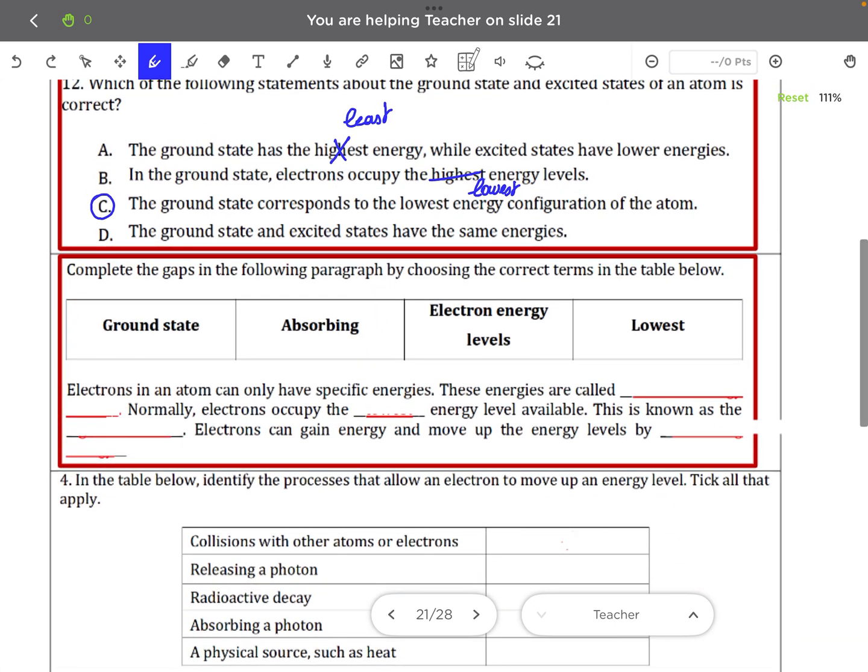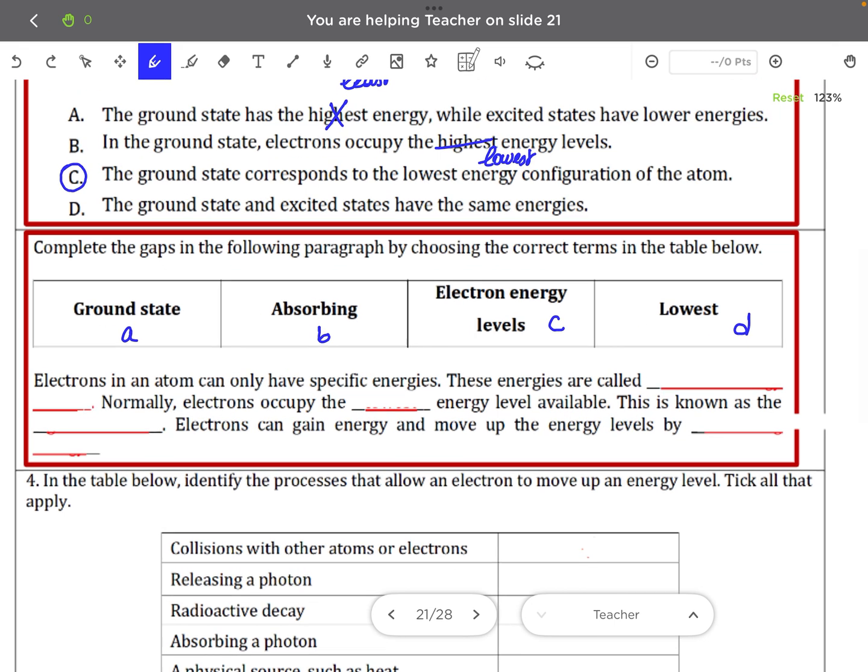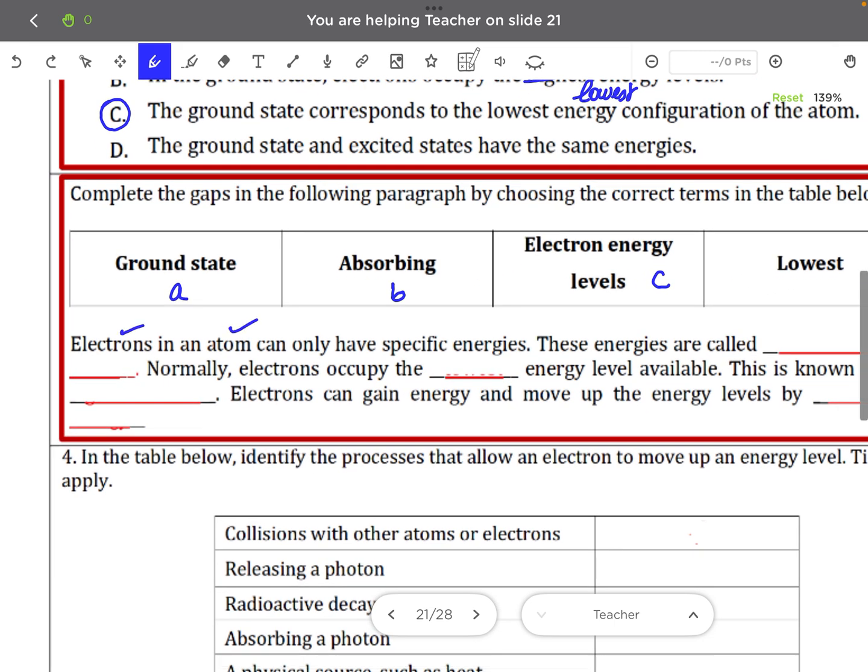Now let's continue. I'll call them A, B, C, and D. Electrons in an atom can only have specific energies.